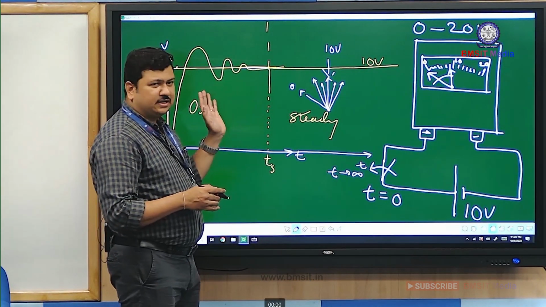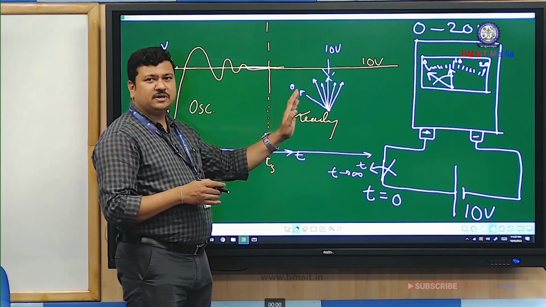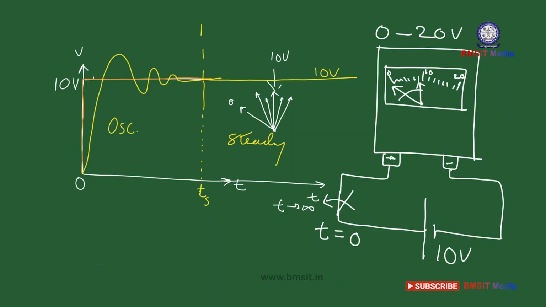One response contains the oscillations, the other response contains the steady value. The part that contains oscillations is known as the transient response. The part where the output remains steady is called the steady state response. I will write it here.